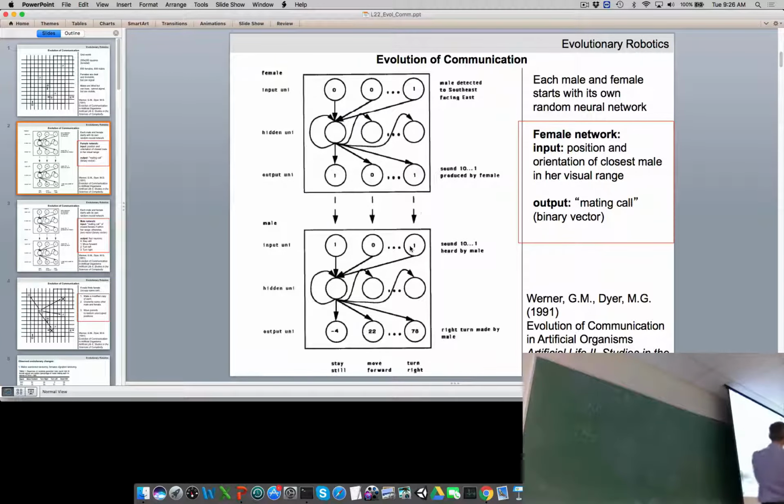The values arriving at the output layer for the females are not sent to the female's motors because she is immobile. Instead, this is her mating call. So she sends this binary vector out into her signaling radius, and any males that are within that signaling radius, that song arrives at their input layer.